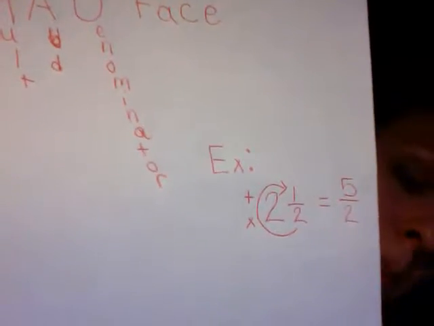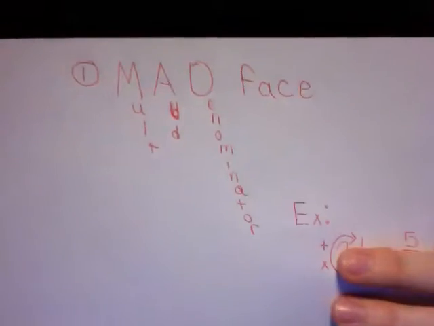So anytime we're multiplying mixed numbers, step 1, MAD face. Step 2, multiply the numerators, just like we always do. If I can write this quickly, it's hard to write backwards for you.